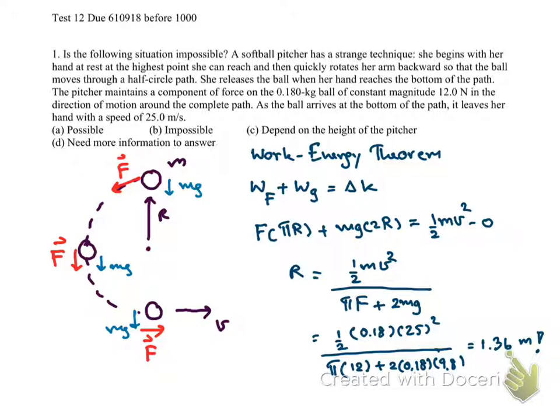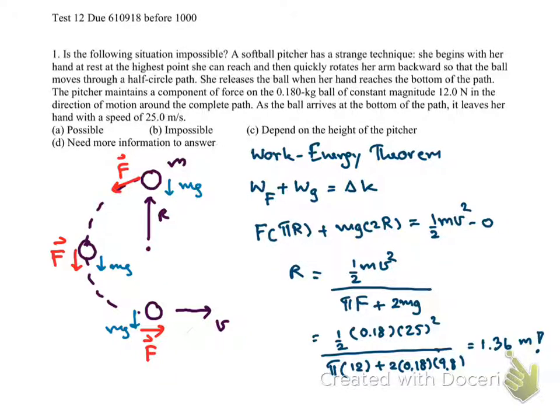Since the force from the pitcher on the ball is constant and points along the direction of motion, we can calculate the work by simply multiplying the magnitude of the force and the total distance of the ball from the top to the bottom of the half circle path. Okay, so it is F times pi r.